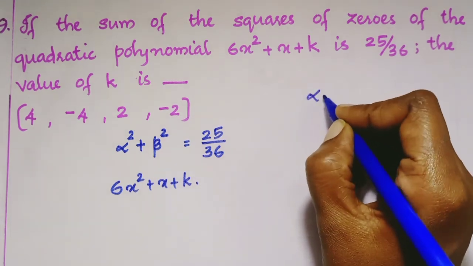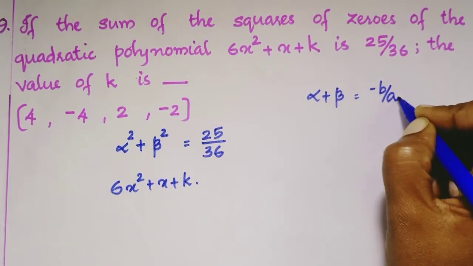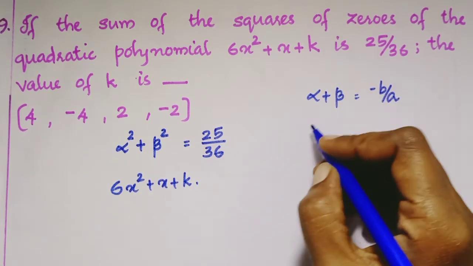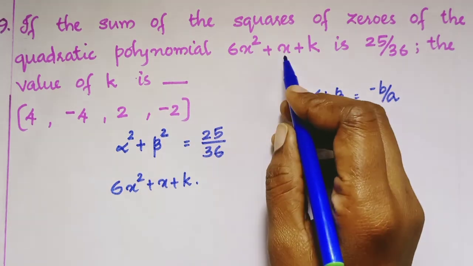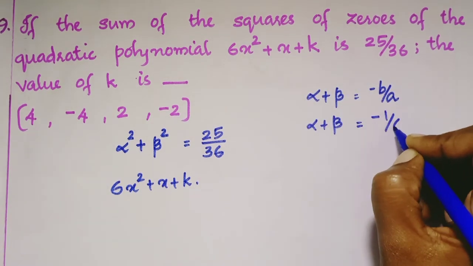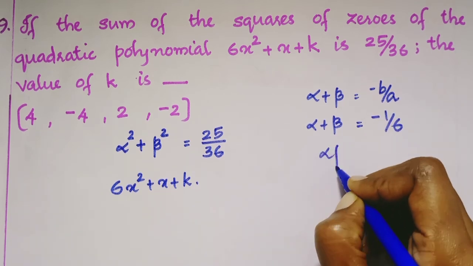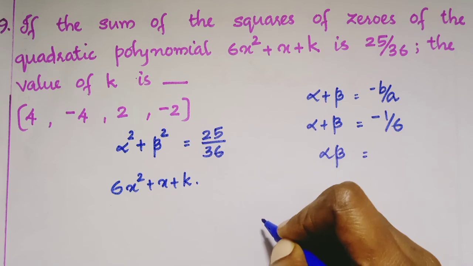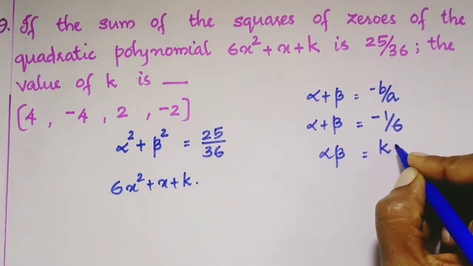We know alpha plus beta equal to minus b by a. So here alpha plus beta equal to minus b by a, that is minus 1 by 6. Similarly, alpha beta equal to c by a, that is k by 6.